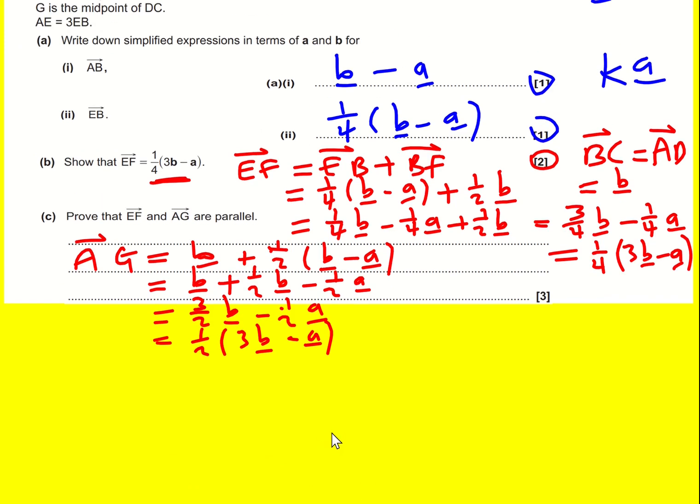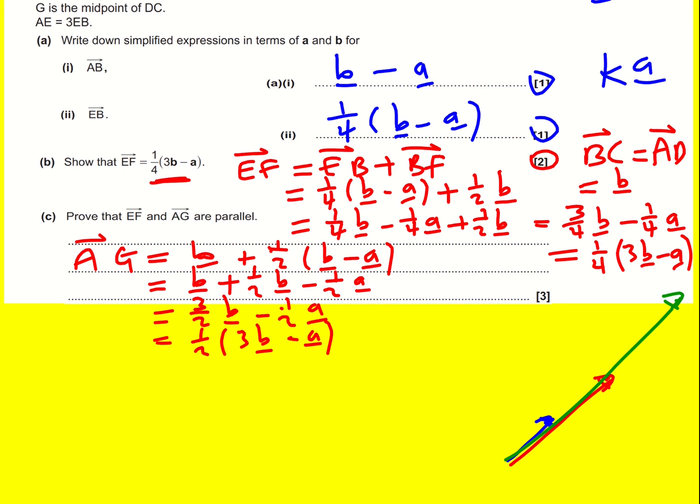Why is it the proof done? Because I've basically got this vector 3B minus A, but for one of them I just go a quarter of the way along. Let's say this is the full vector in green. So this one here I just go half of the way along, and on the blue one I go a quarter of the way along, but you can see I'm going the same direction for both, and that's enough for them to be parallel.